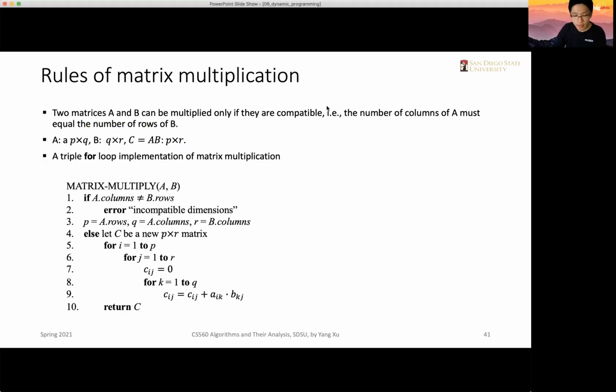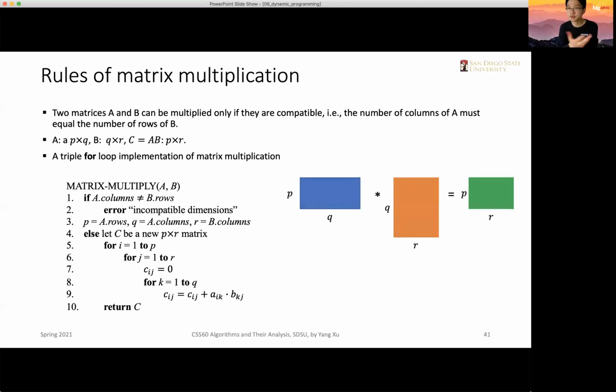Okay, and actually we can use a triple for loop to do this matrix multiplication. But this is just a little review. Matrix multiplication is not the focus of the matrix chain problem today. This is just for comparison, for review purposes, and we can basically use this to estimate how many scalar multiplications will be needed.